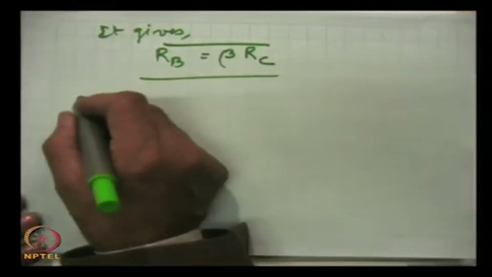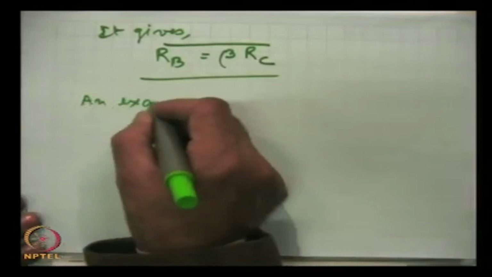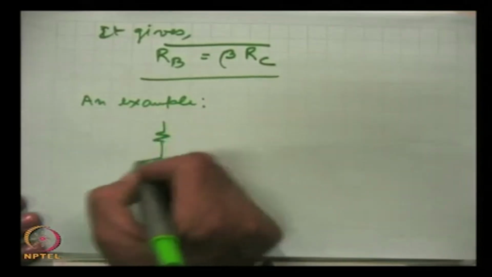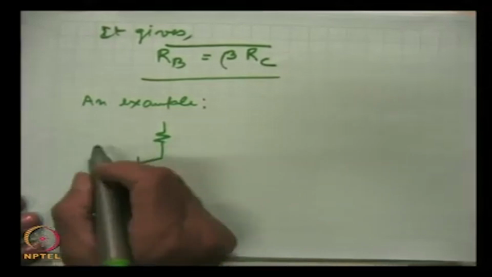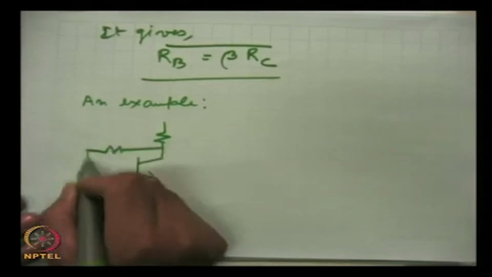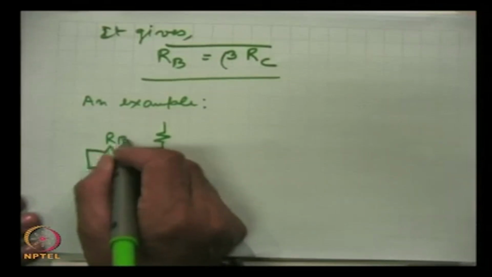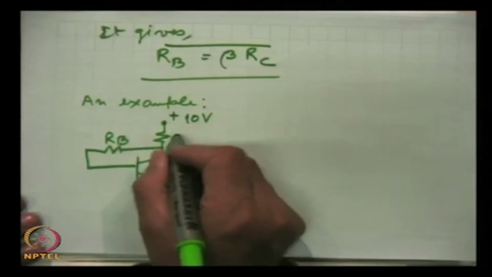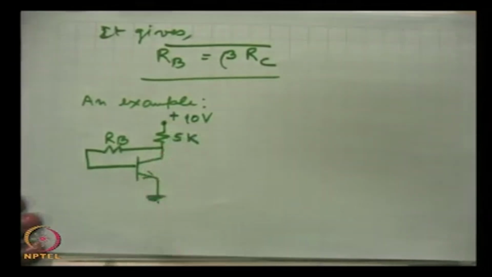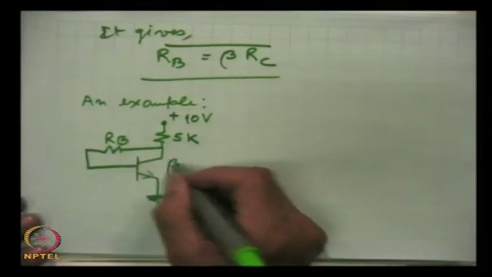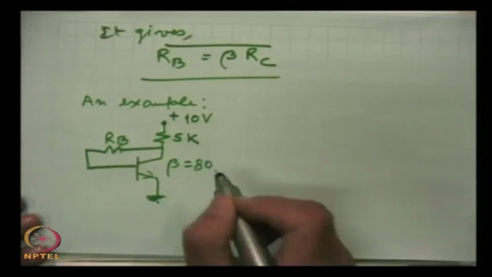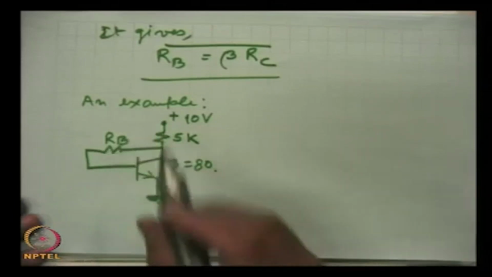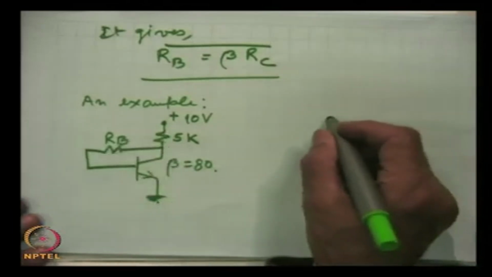I just take as an example that if this is the circuit, and if the beta of this transistor comes out to be, suppose, 80, then we can very easily find out the value of this resistance RB.